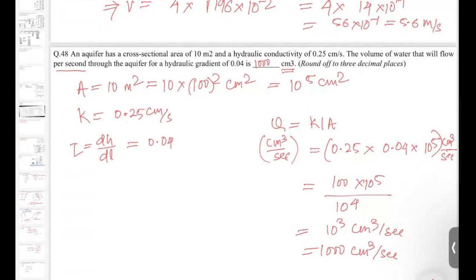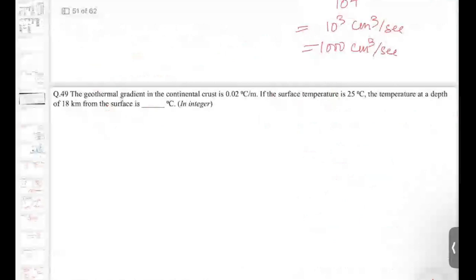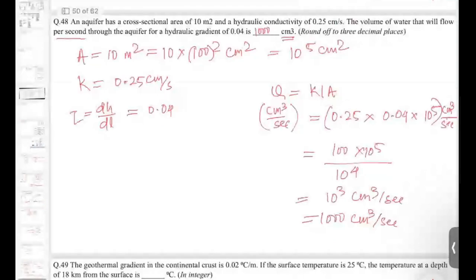Yes, sir, one doubt is there in this question. Tell me. It is told to round off to 3 decimal places. If we don't round off to 3 decimals and write only 1000, is the answer correct? Uh, that is actually a very technical question that is not related to this.